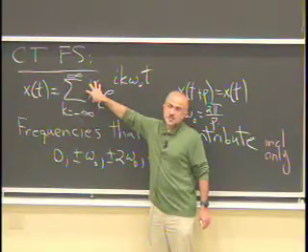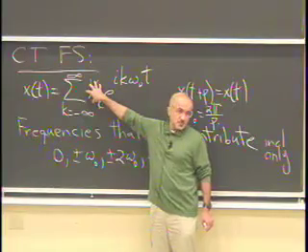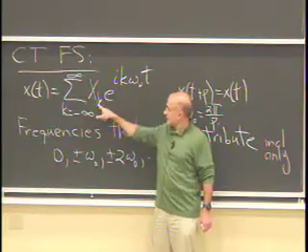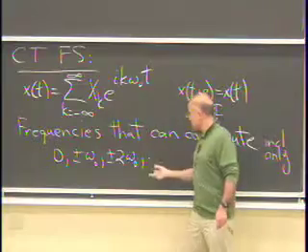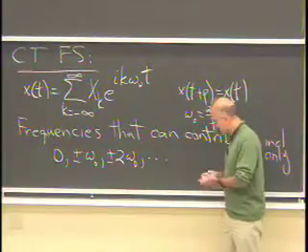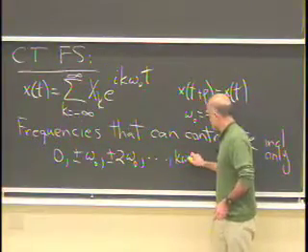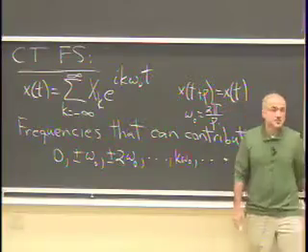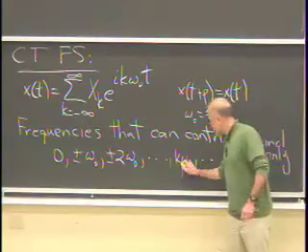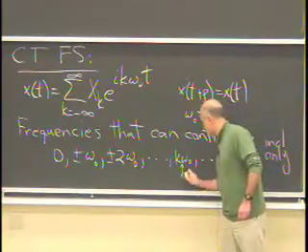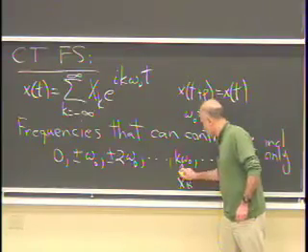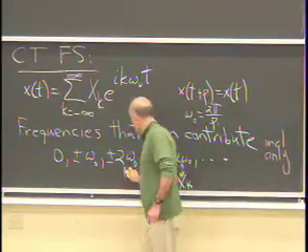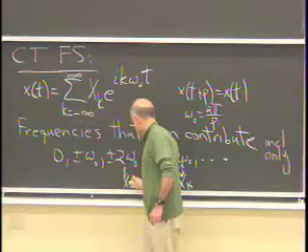The x sub k's describe the frequency domain behavior of the signal. The kth term tells you how much of frequency k omega naught is present in the signal. So each of these is associated with a coefficient, x sub k. This one with coefficient x sub 2.